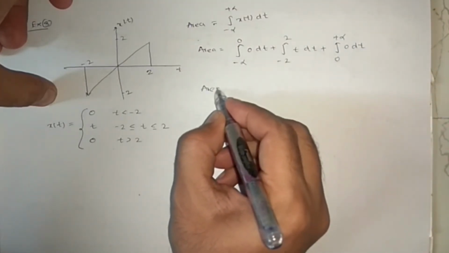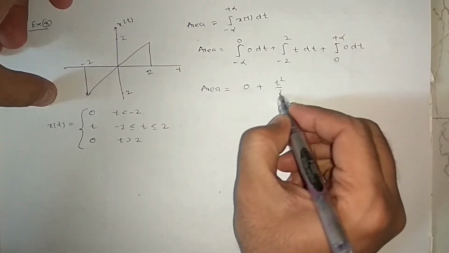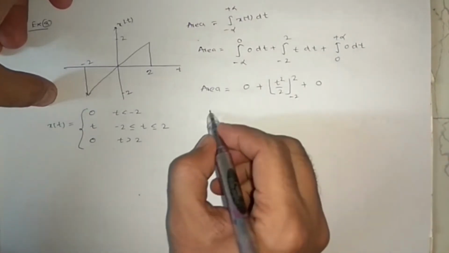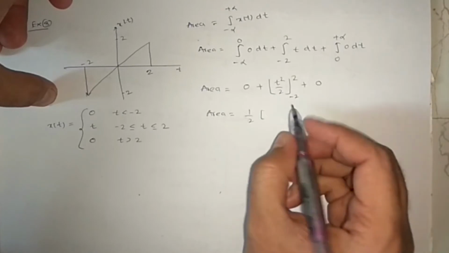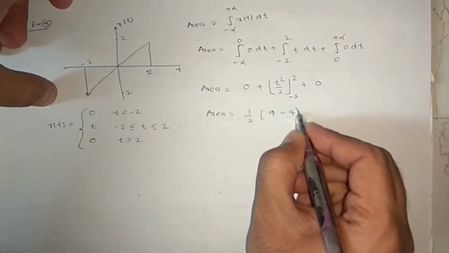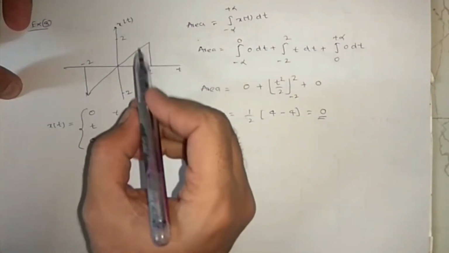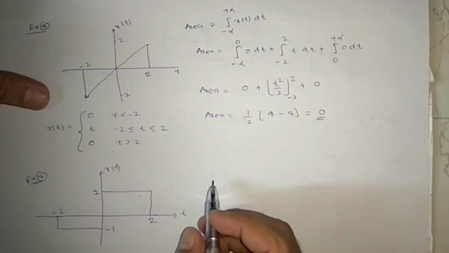So area equals, this is 0, this is t square by 2 from minus 2 to 2, and 0. So area 1 by 2 times (4 minus 4) equals 0. See, the area is getting cancelled. Positive amplitude area gets cancelled with negative amplitude area. Let us see example 4.